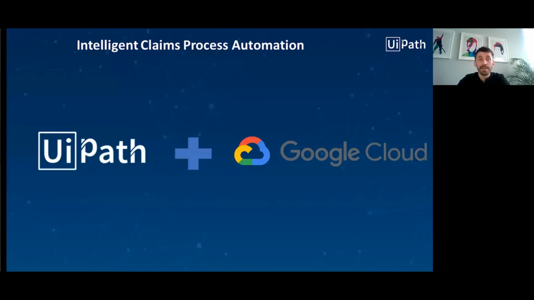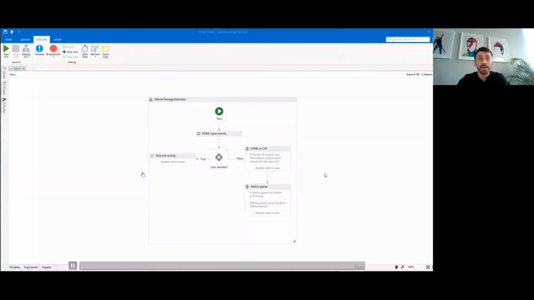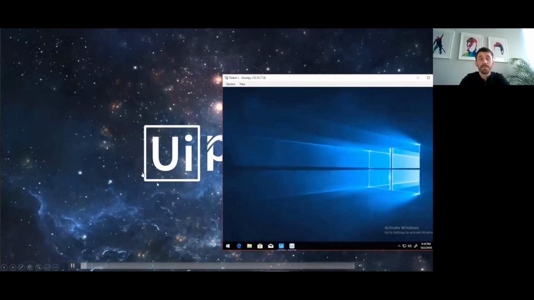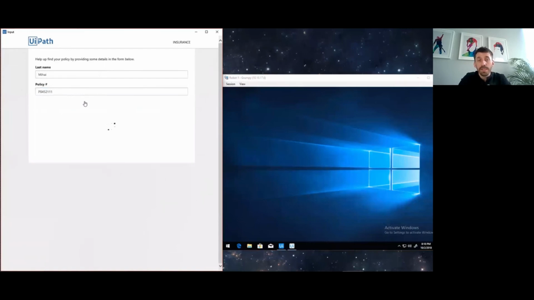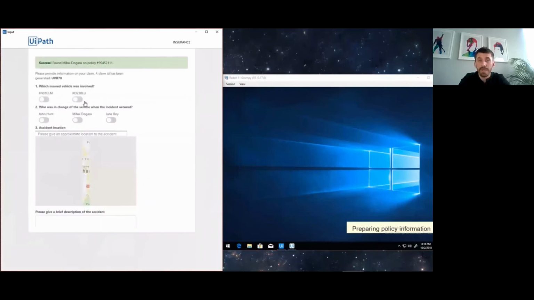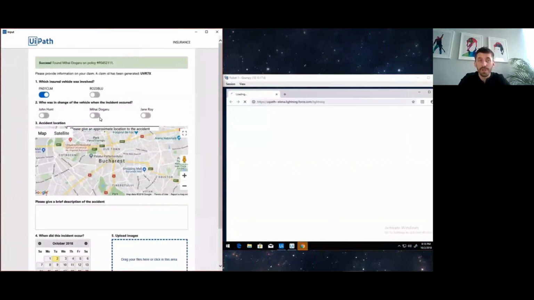So the next case I'd like to show you is also using the UiPath and Google Cloud. In this case, robot is processing insurance claims. You will see in a moment that robot is able to analyze the images of a crashed car.